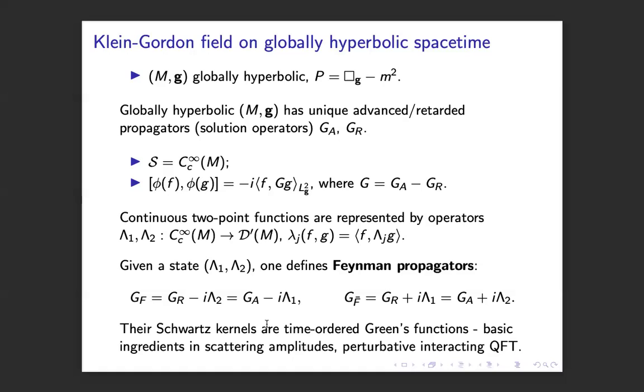This is supposed to mean omega of phi of f, phi of g, like this, right? For the state omega. I'm just saying that you can represent it as some integral of x and g. And then there are operators. Yes, yeah.